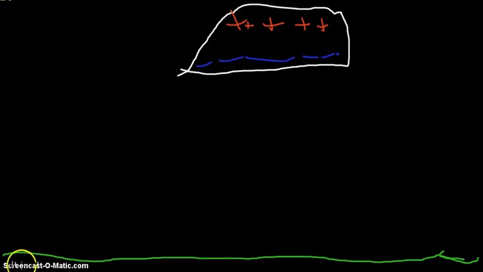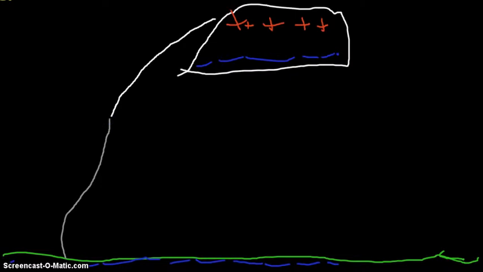So the ground becomes negatively charged, and like before, we have our stepped leader, and we have our streamer coming from the ground, and this is positively charged in this case. And this is negatively charged.